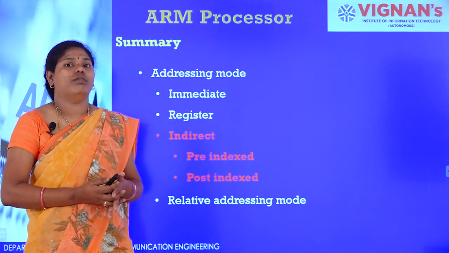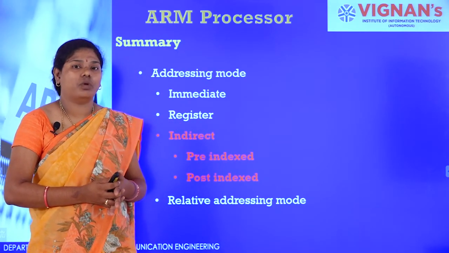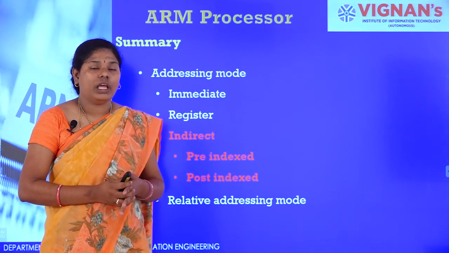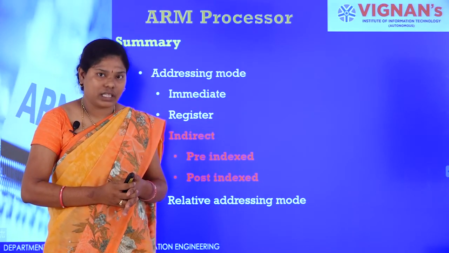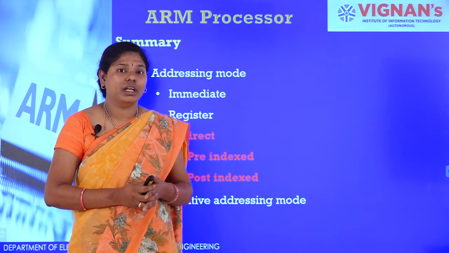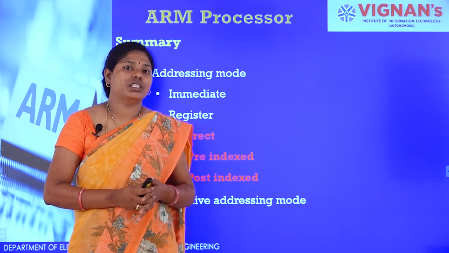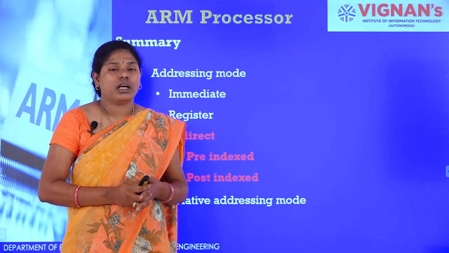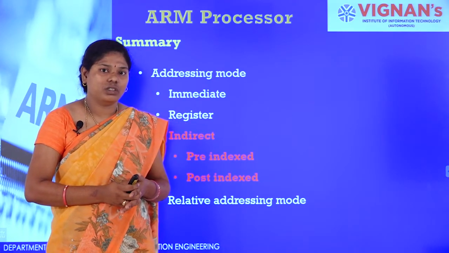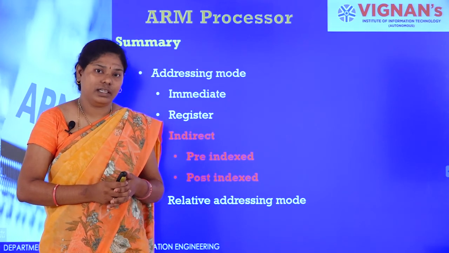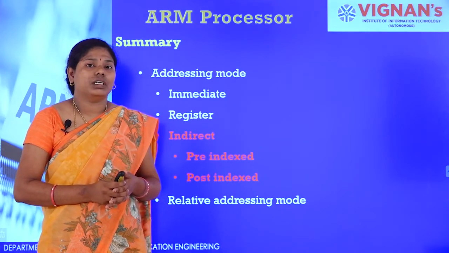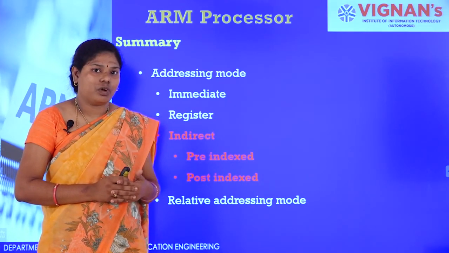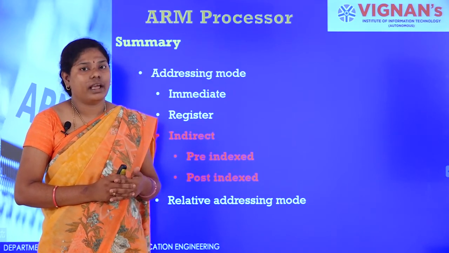Let us see the summary of addressing modes. What is meant by addressing mode? Addressing mode is nothing but a way of data accessing. Where is the data available? The data is available in registers, as well as memories. The registers are available within the processor, so they can be accessed easily and the data is directly accessed.